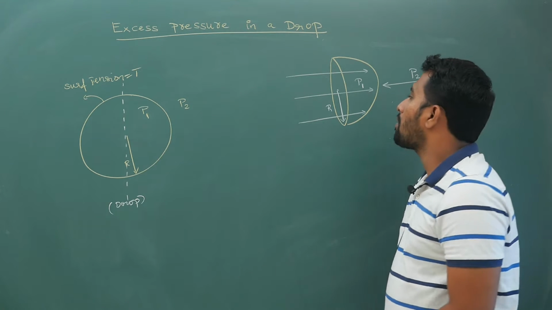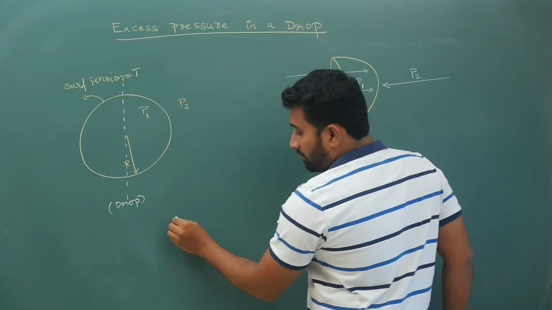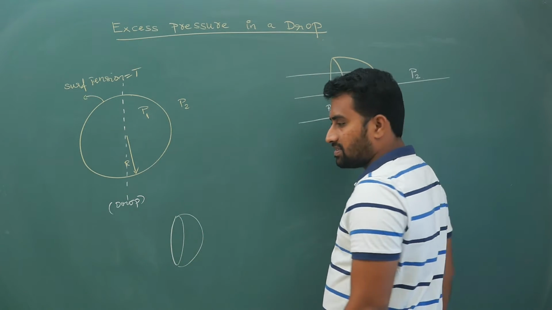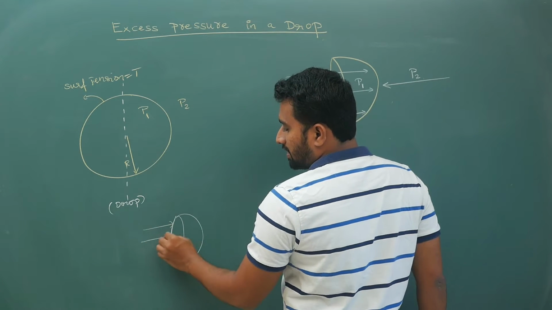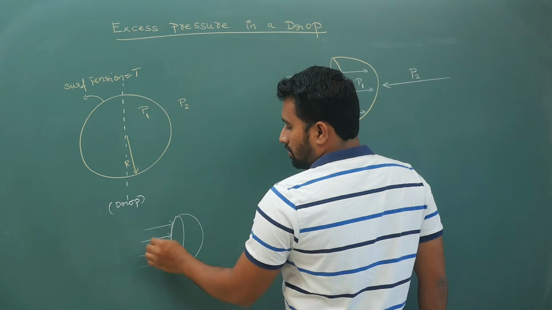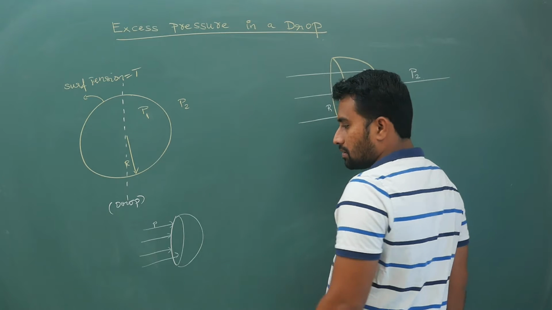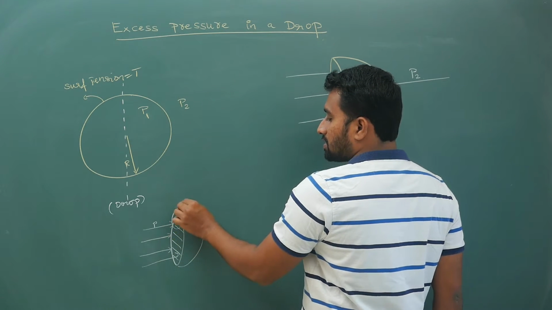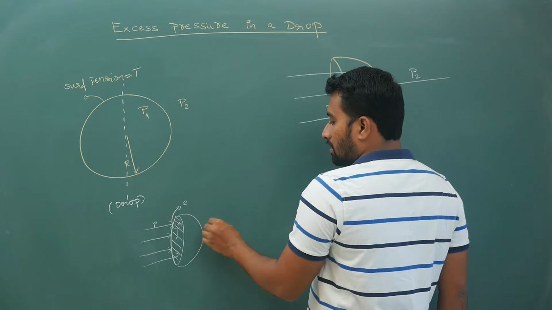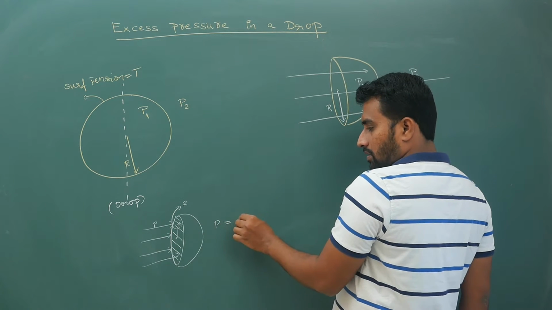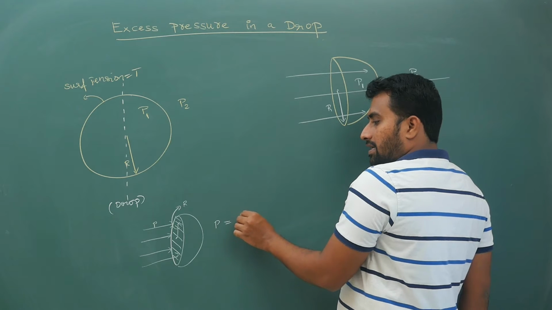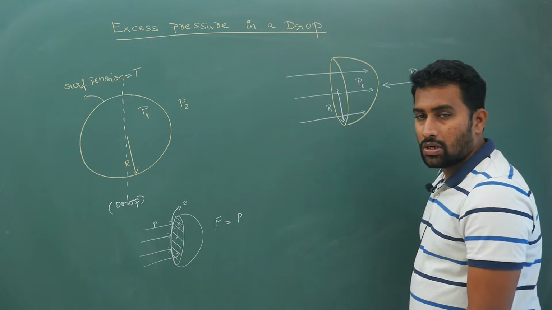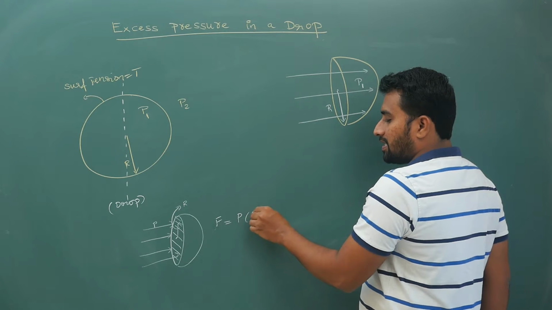Now in fluid mechanics I have told you, for a hemisphere with radius r and pressure acting this way, force is pressure times the projected area.